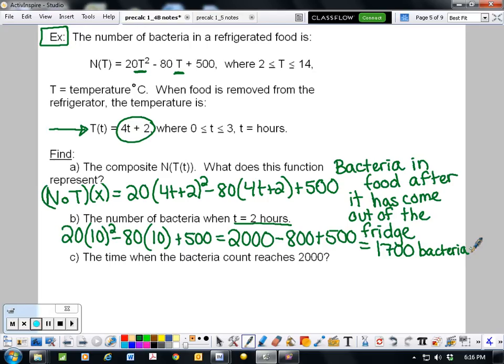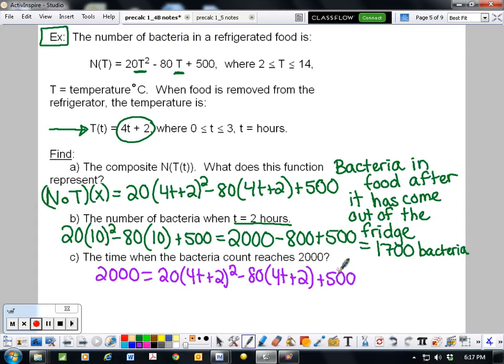Now our next question is, when is the time that the bacteria count reaches 2,000? So now all of a sudden we're getting an answer to this elaborate equation. And so we have some options to us. We've done this type of stuff before.